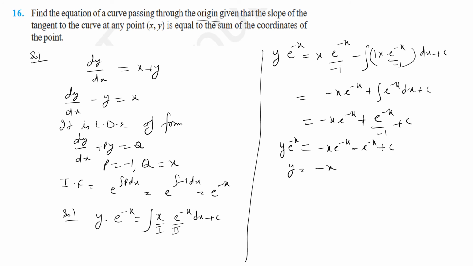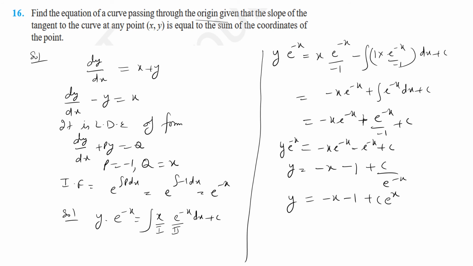So it is minus e minus x upon e minus x, which will be minus 1, and plus c upon e raised to power minus x. So be careful because just a mistake can lead to a wrong answer. Plus c e raised to power x.